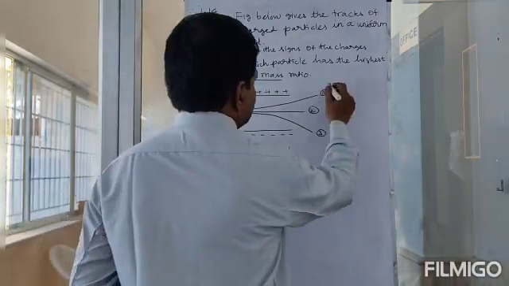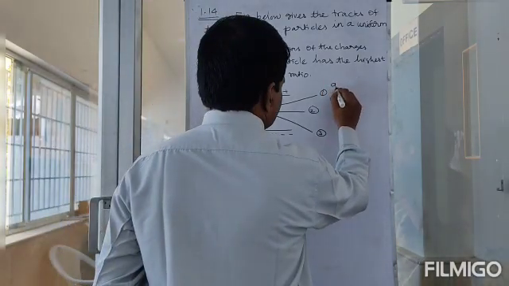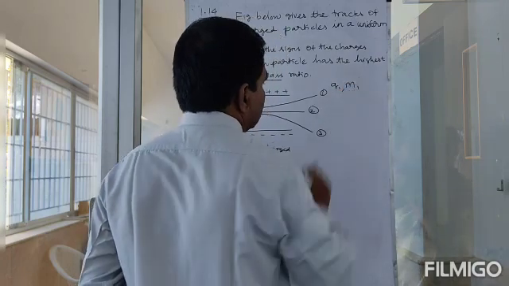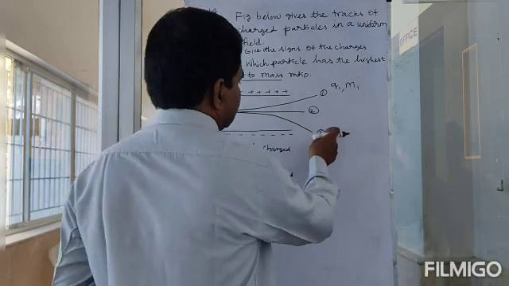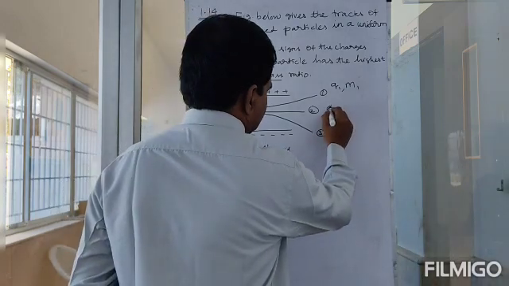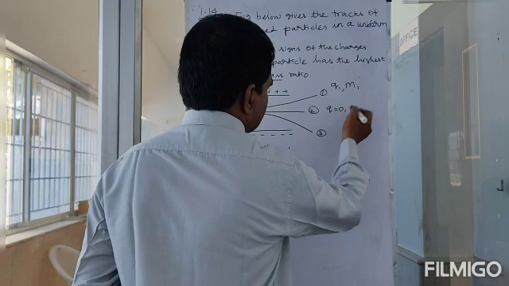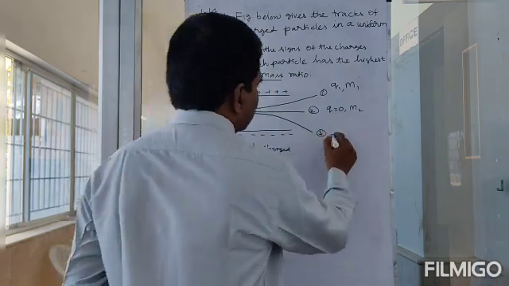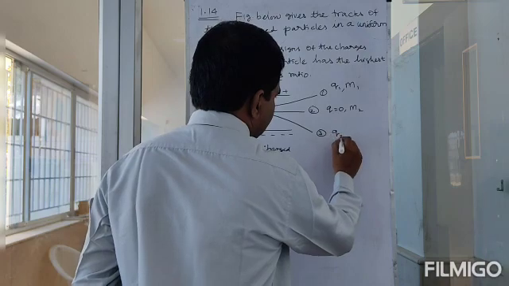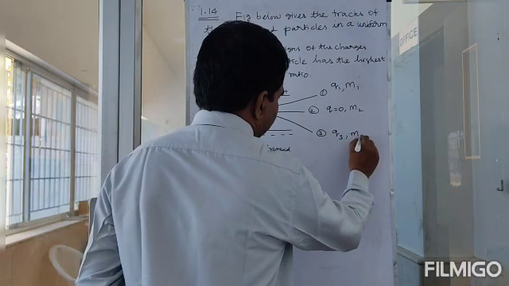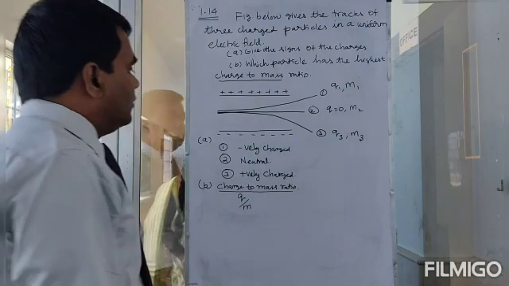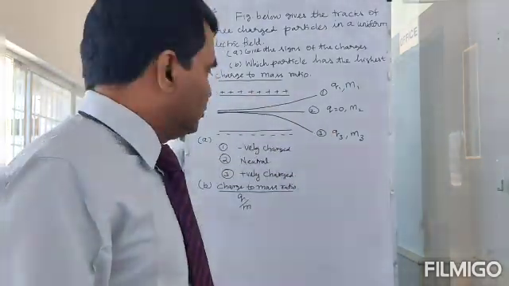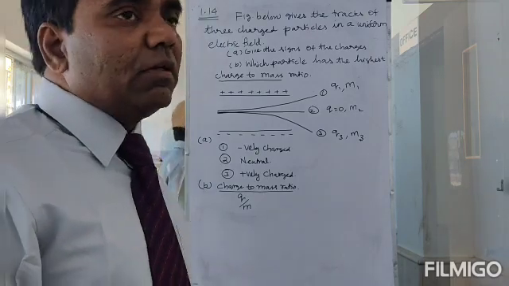Suppose that the charge here is Q1, and then the mass is M1, and the charge here, Q is going to be 0, so mass is going to be M2, and the third one would be Q3 and then M3. We need to find the charge to mass ratio. So how do we find that?